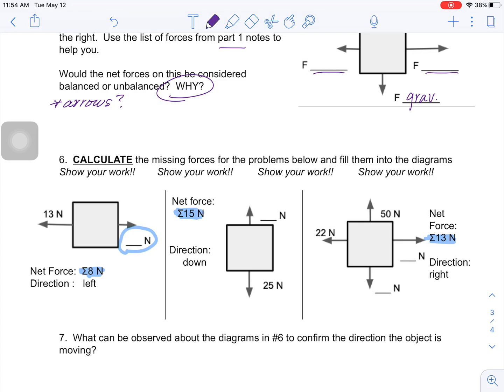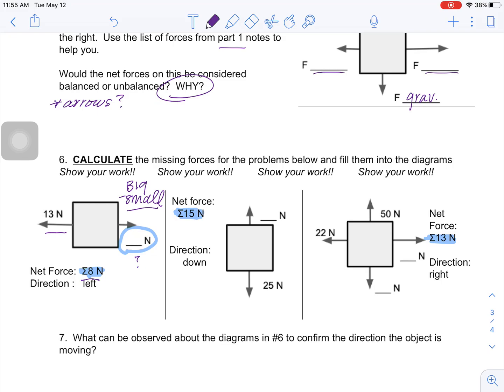Now I do have to take into account, again, that arrow length, because I know when I do my subtraction, I'm always doing big minus small. So that's going to impact my net force. So looking at these first two, I've got 13 over here and a mystery over here.